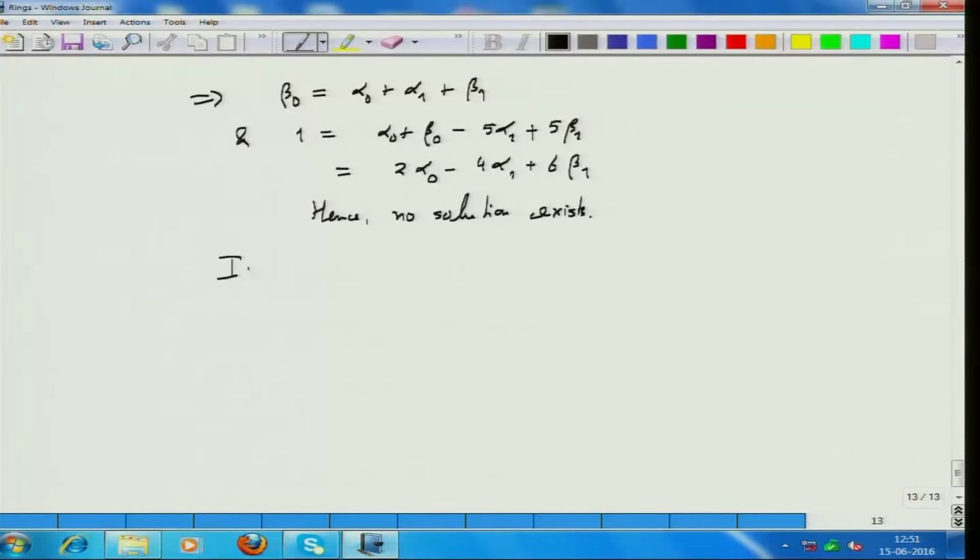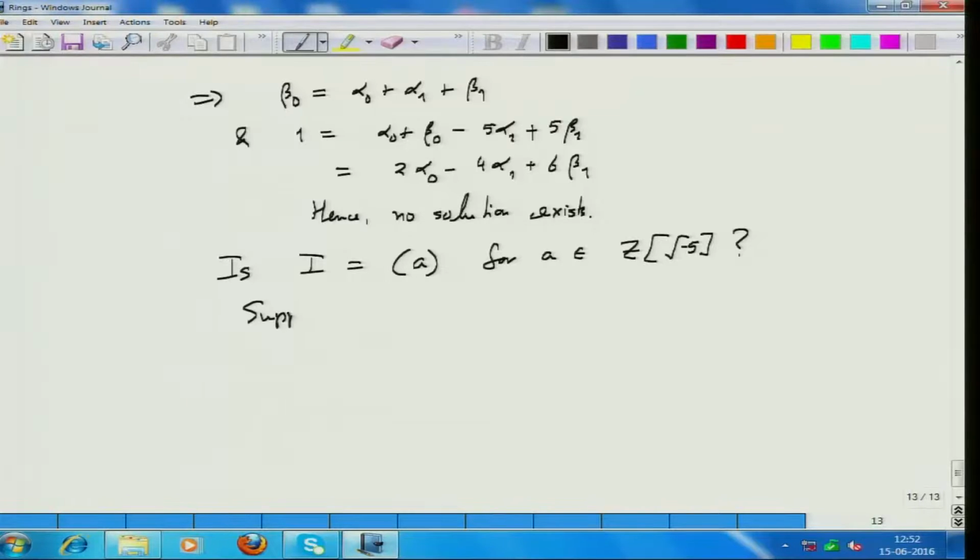Now the next question, which is what I am leading to, is that can this be expressed as a multiple of some A? Let's assume that. Let's try to work this out.